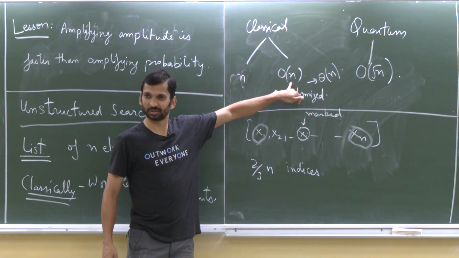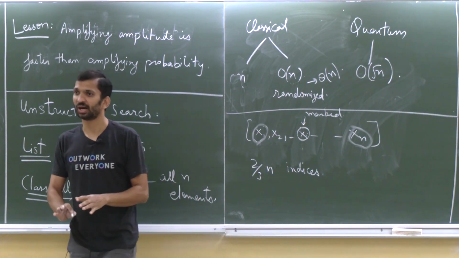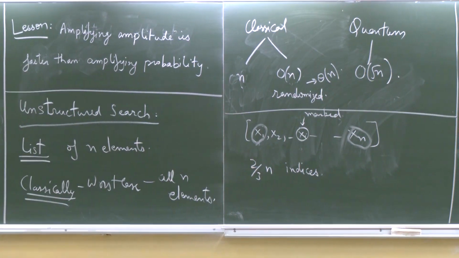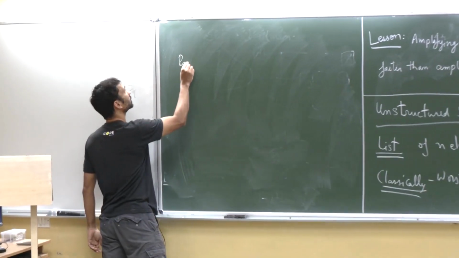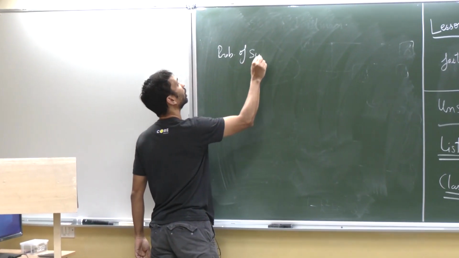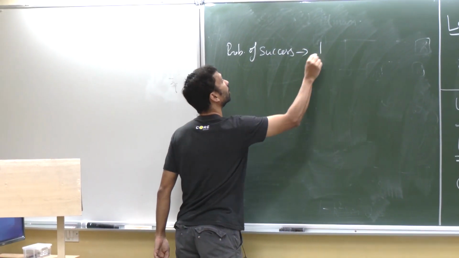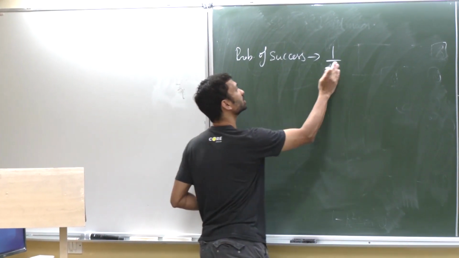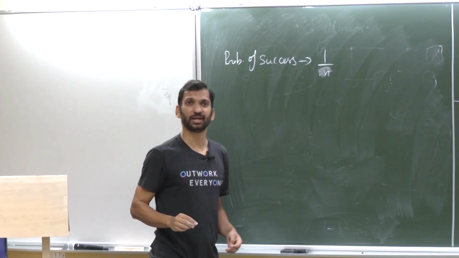After this many repetitions, I will find it, and this is not hard. What is the probability of success? I have just one marked element, so my probability of success is 1 by n.